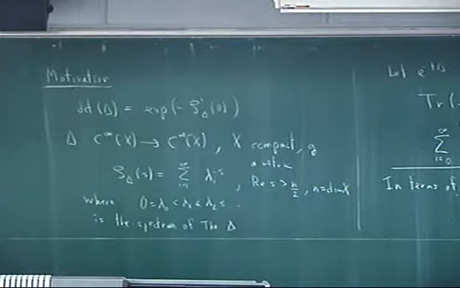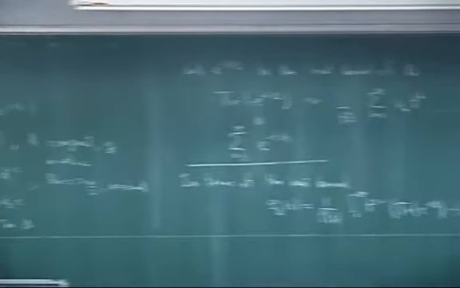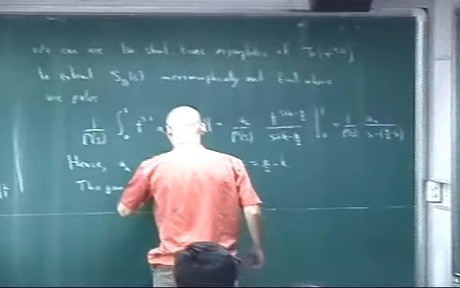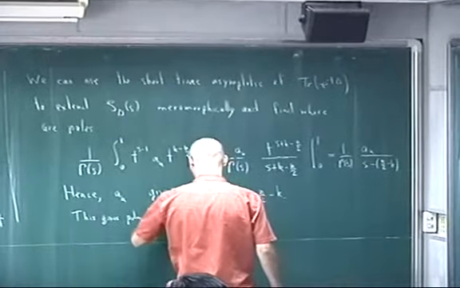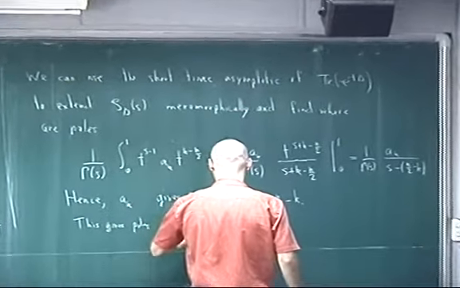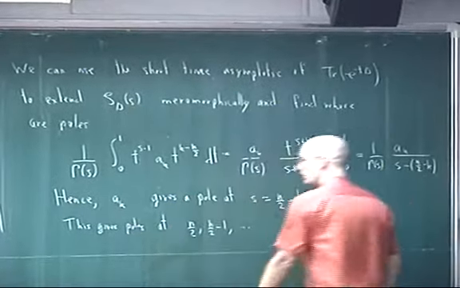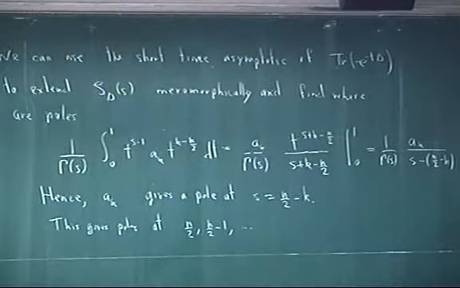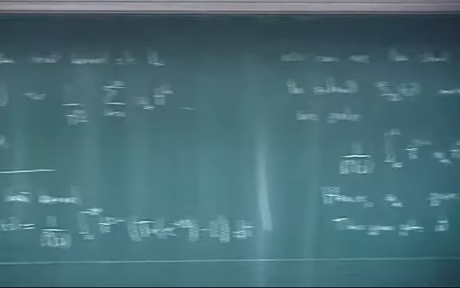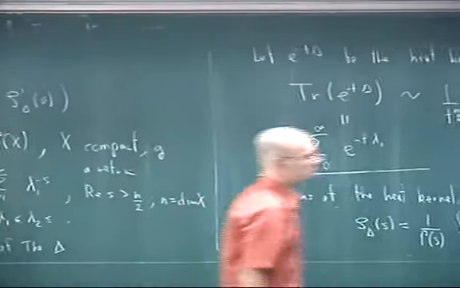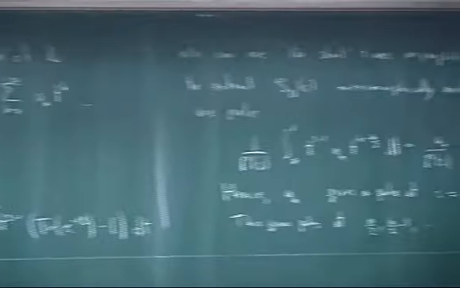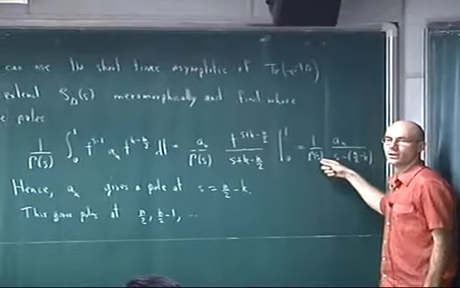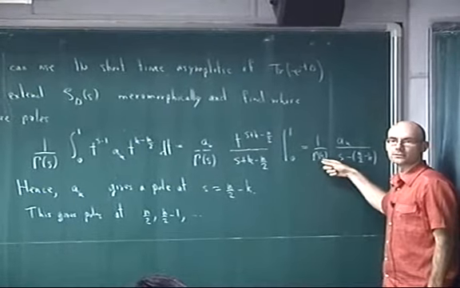This gives poles at n over 2, n over 2 minus 1, etc. But there is no pole at s equal to 0, and the easy way to see it is that 1 over the gamma function has a 0 at s equal to 0.